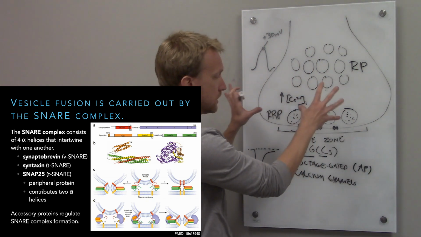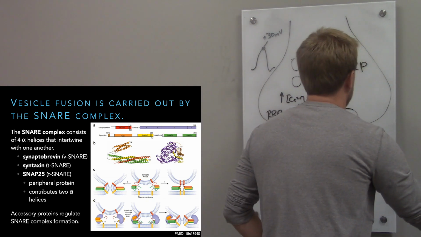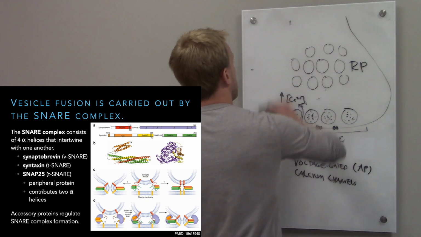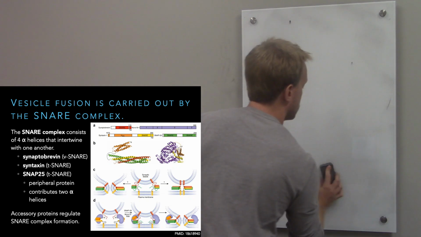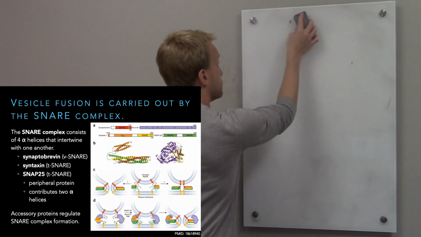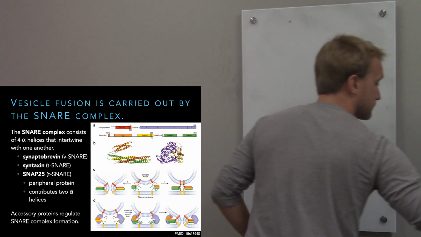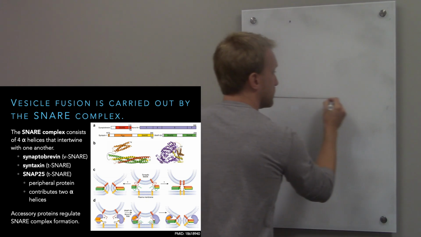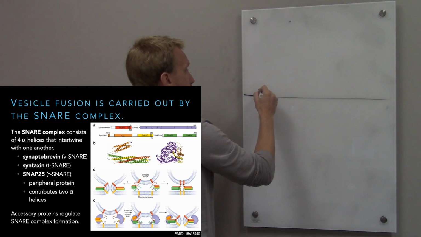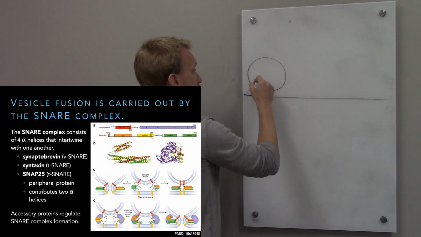Okay, so let's get in a little bit more detail here. What's really going on at the active zone? Here's our active zone. We got ourselves a vesicle right here.